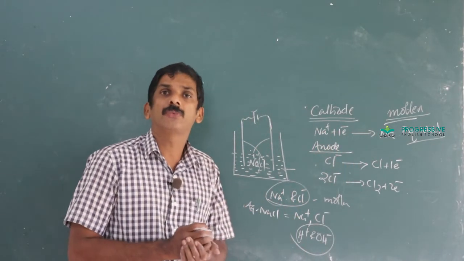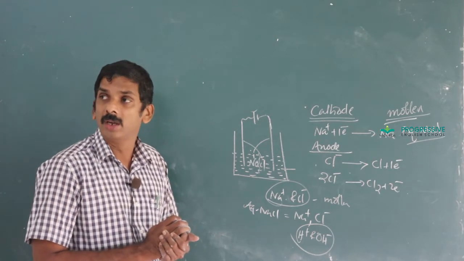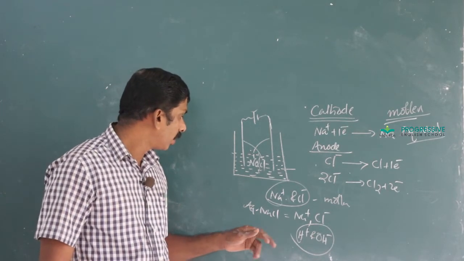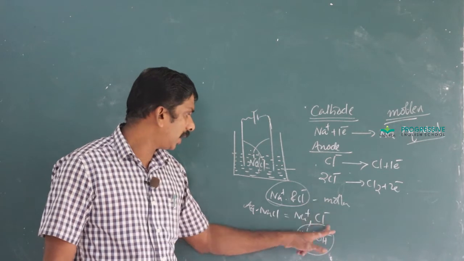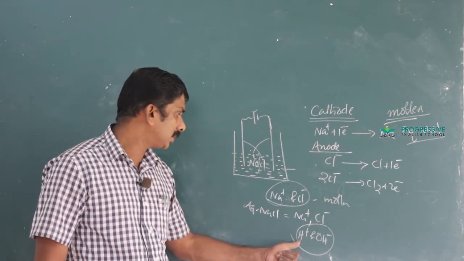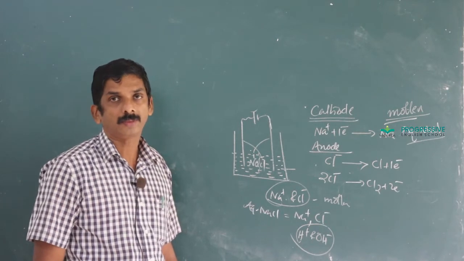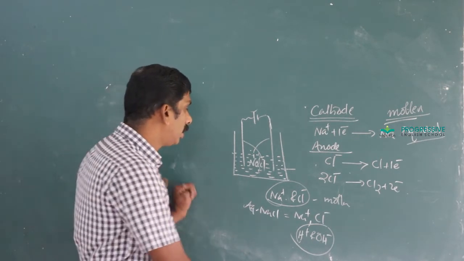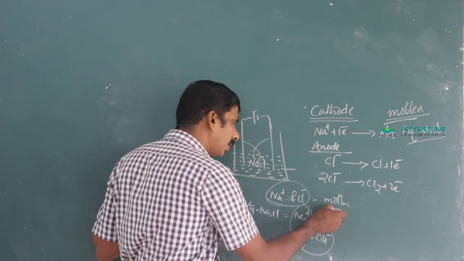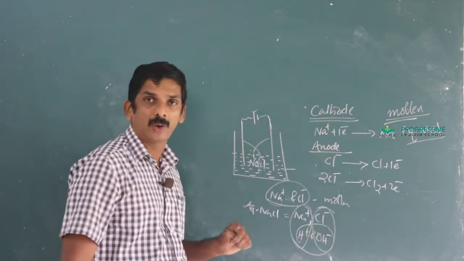After the dissolution, it contains Na+, Cl-, H+ and OH- ions. Here there are two cations and two anions.